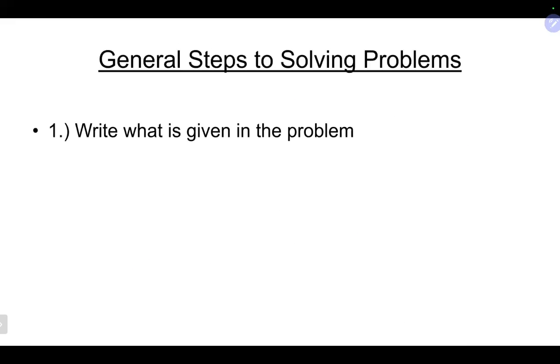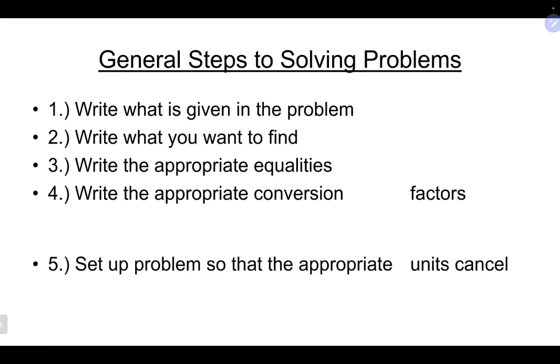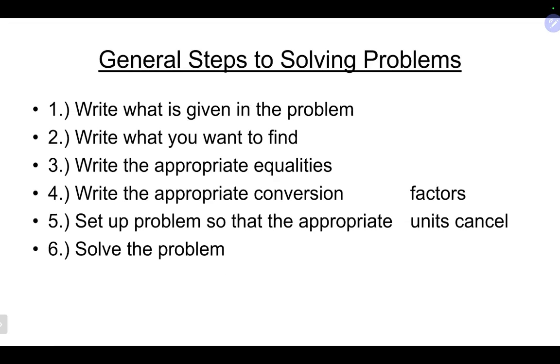So let's talk about the general steps here of working out dimensional analysis problems. First off, it's really important to write what's given to you in the problem. It's also very helpful to write what you're looking to find.